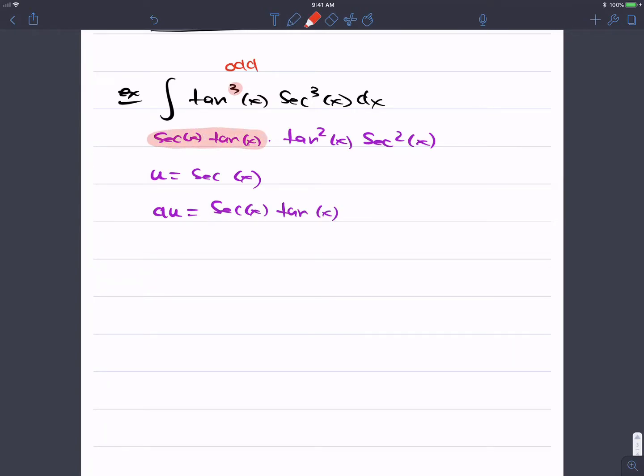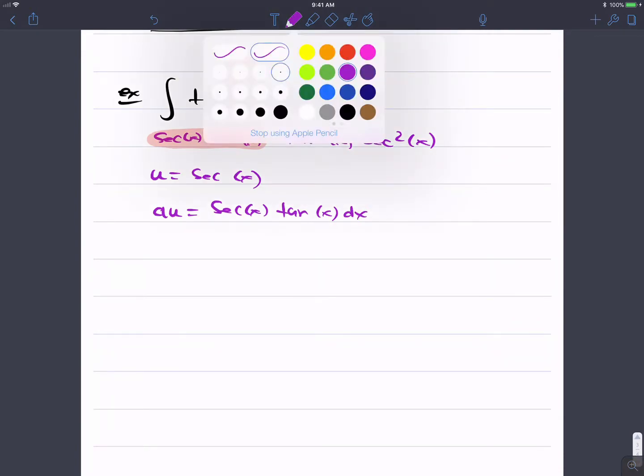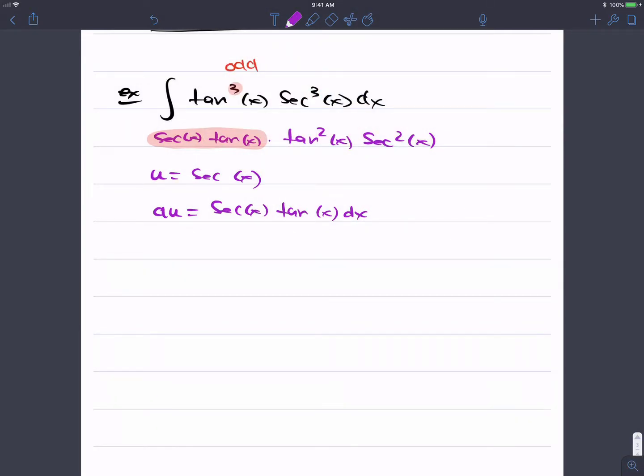We're not going to deal with that. That's going to be our du. Don't forget there's a dx here. Now, since u is secant, that also means this becomes u squared. We just have to handle our tangent squared being secant squared minus 1.